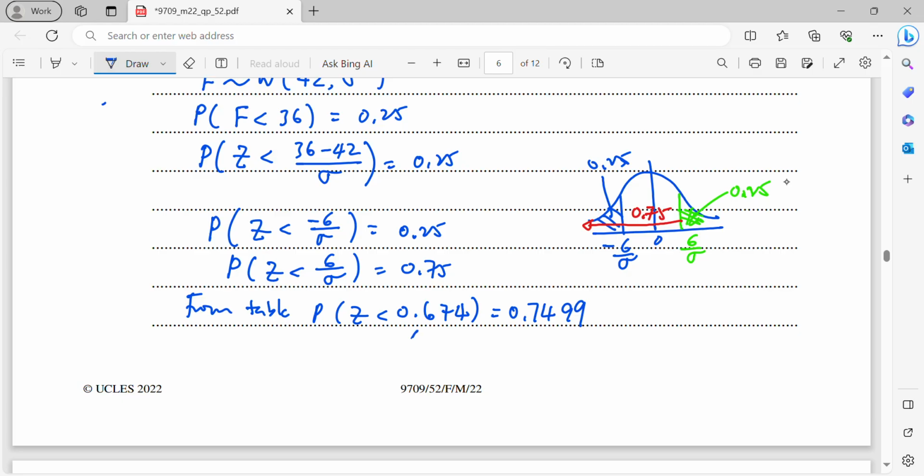Then I will write 6 over sigma is 0.674 because when you compare, obviously they are the same. Hence, from here, you will get your sigma. Your sigma is 6 over 0.674, and at last, you will get 8.90. So that's the standard deviation for the female leopard weights.